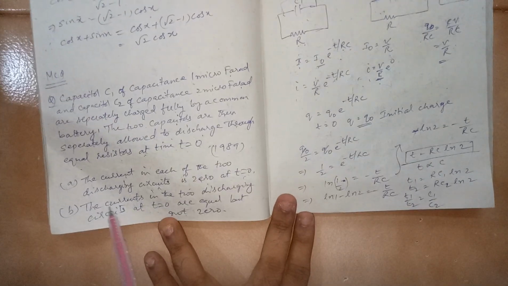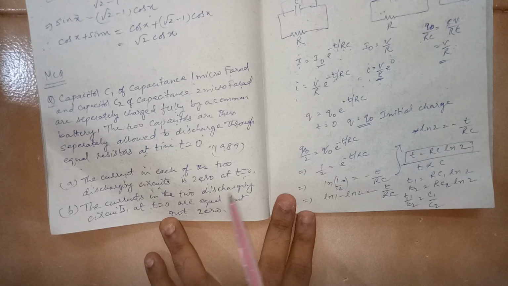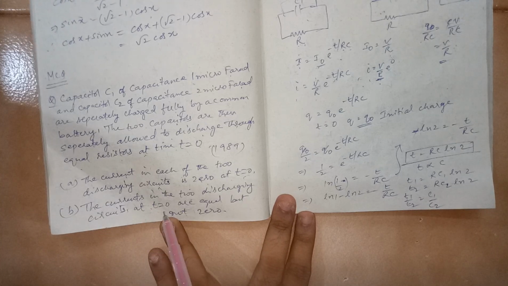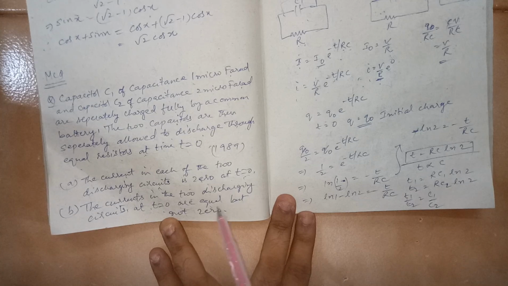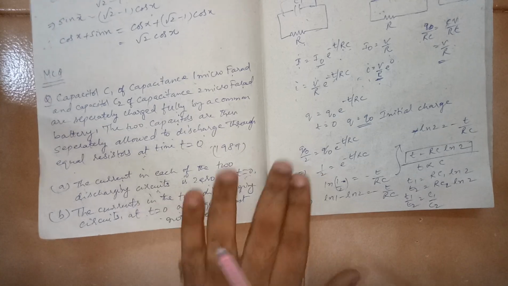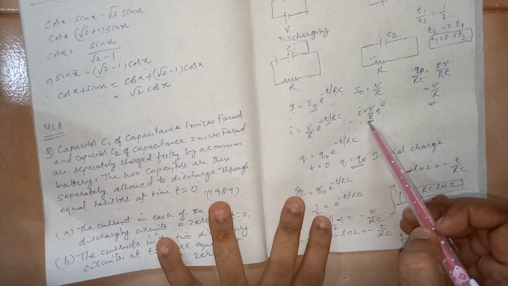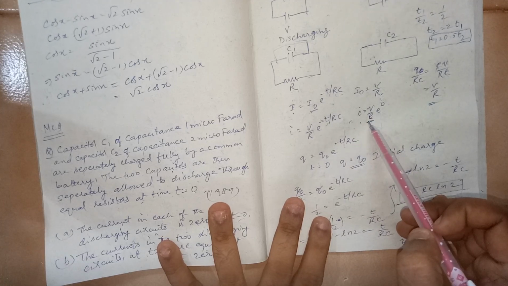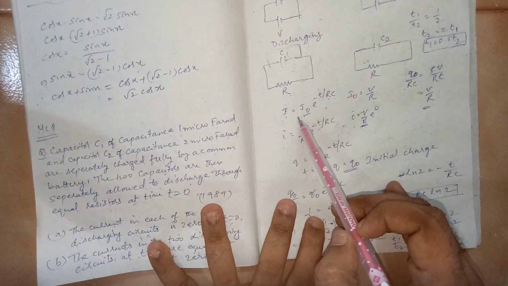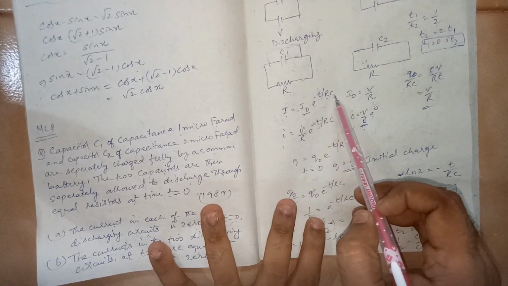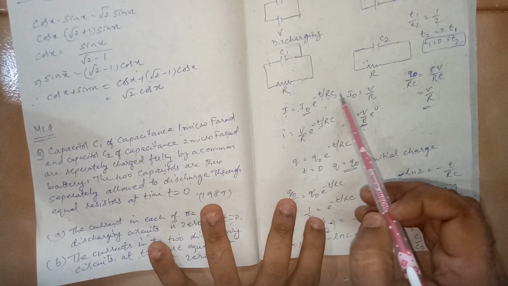Second option: the currents in the two discharging circuits at t is equal to 0 are equal but not 0. Yes, they are equal. For both the cases it is V by R only at time t is equal to 0. For the first circuit you have to put C1 here, for the second circuit you have to put C2.